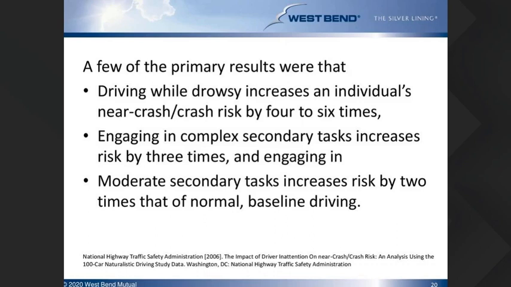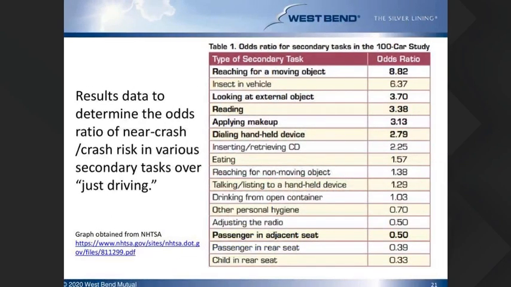And here we actually have proof that it can increase it by 4 to 6 times. Engaging in complex secondary tasks increases the risk by 3 times, and engaging in moderate secondary tasks increases the risk by 2 times that of normal baseline driving. So very significant.